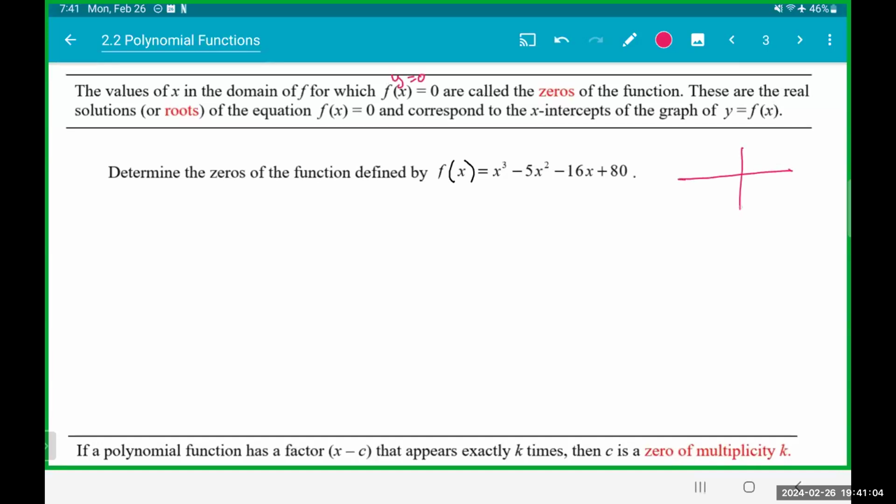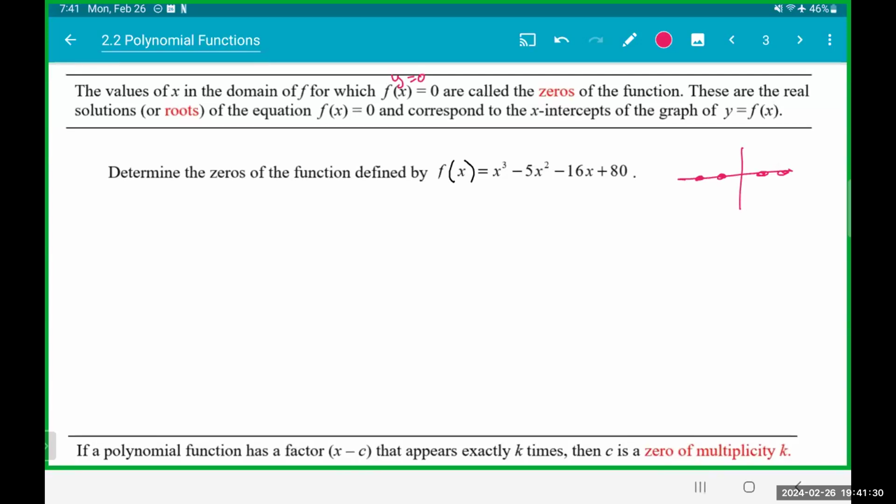If I'm looking at a graph and y equals 0, that is where my graph crosses the x-axis, and it is a 0 of the function. So these are real solutions or roots to that equation, and it corresponds with the x-intercept that we've learned how to do since week 1. Okay.